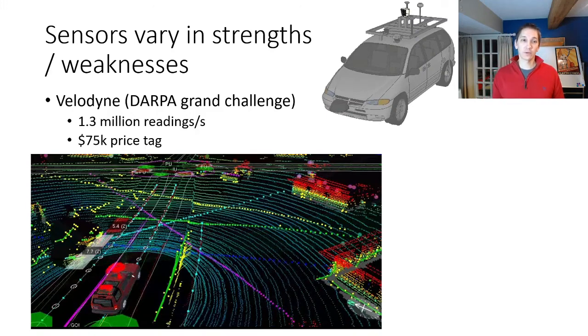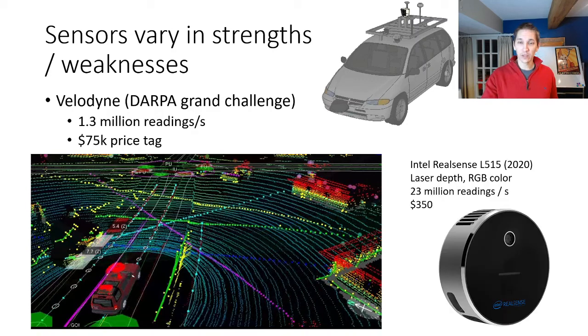These gave 1.3 million readings per second, and they also came with the downside of a very hefty price tag of $75,000 each. Now, fast forward to today, we can buy, for example, the Intel RealSense L515. This uses lasers to provide a depth image at 30 frames per second, as well as RGB color.